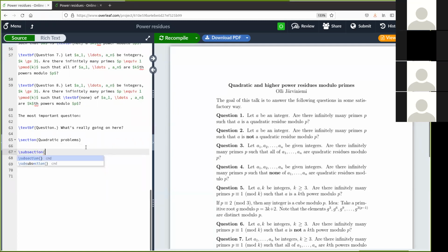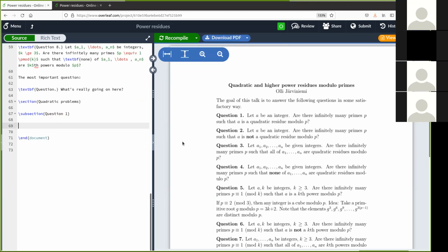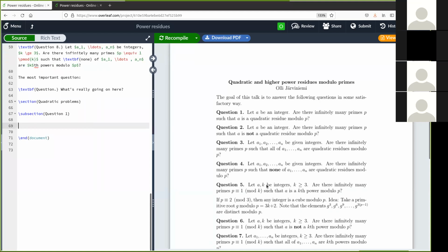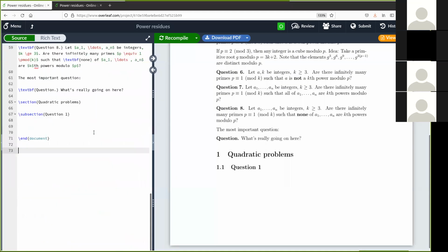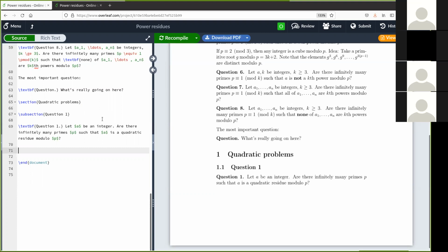There was one way to prove this by quadratic reciprocity, as was mentioned by a member of the audience.